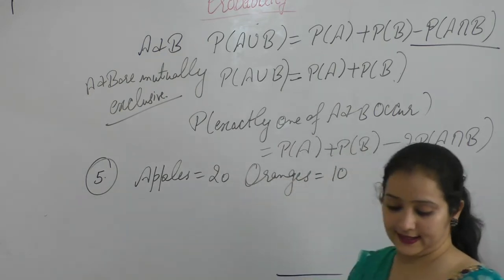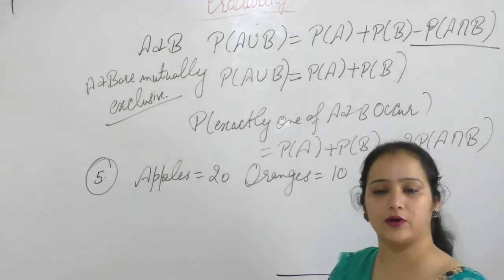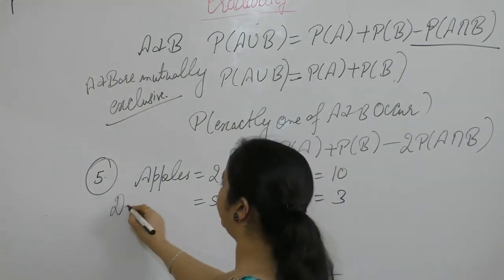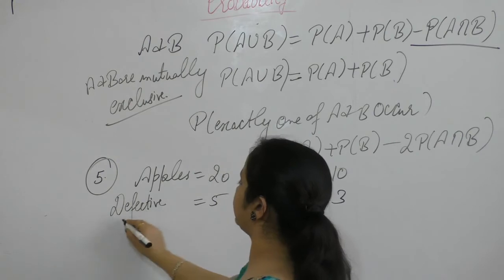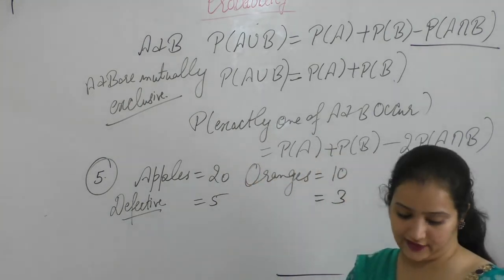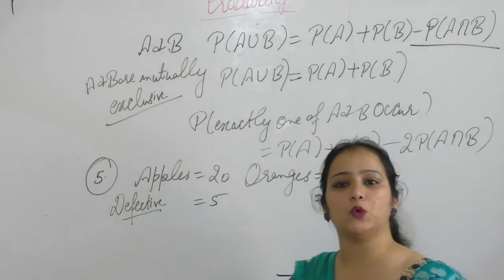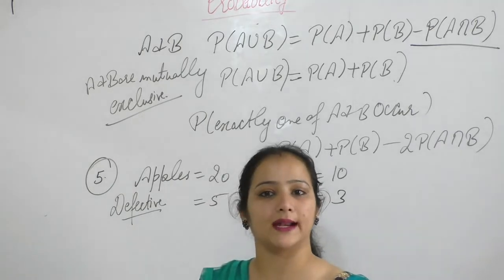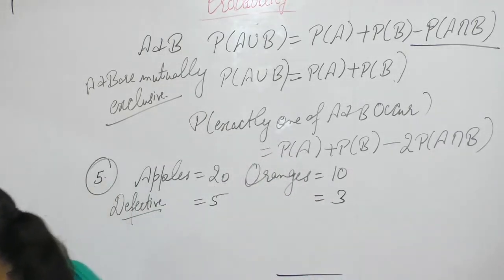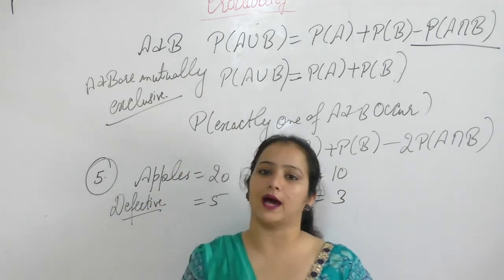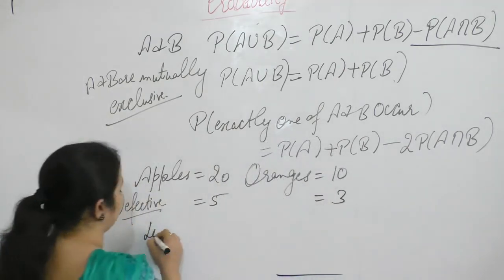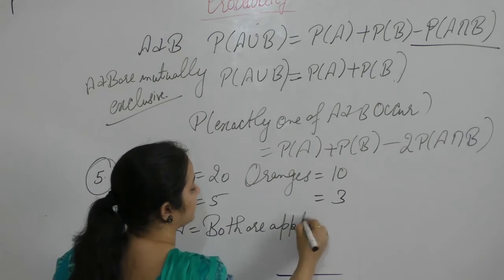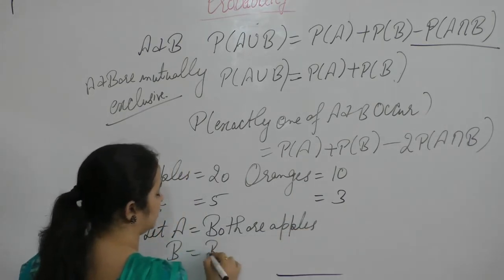The basket contains 20 apples and 10 oranges, out of which 5 are defective. Both are good.